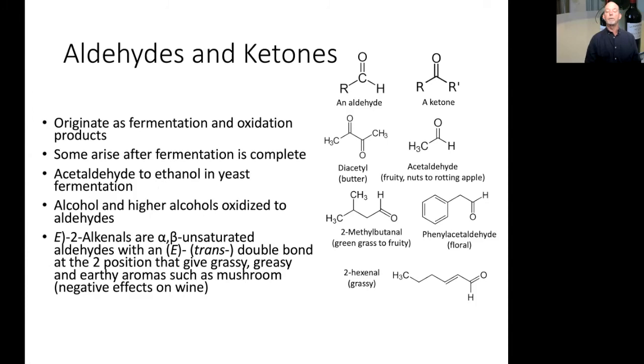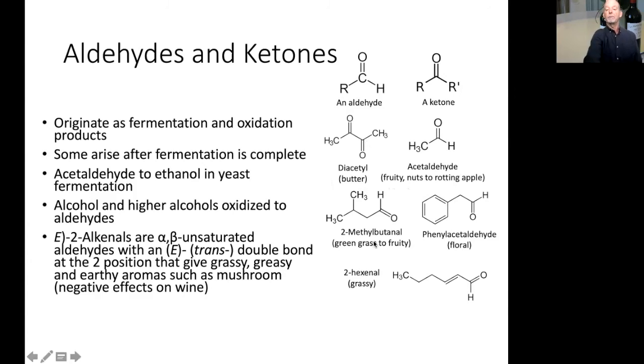Some of these compounds arise after fermentation is complete. We have other aldehydes we know about, diacetyl, which is the butter aroma, or acetaldehyde, which is fruity, nutty, to even rotting apples aroma if you get different concentrations of it, or you have different sensitivities to that compound.